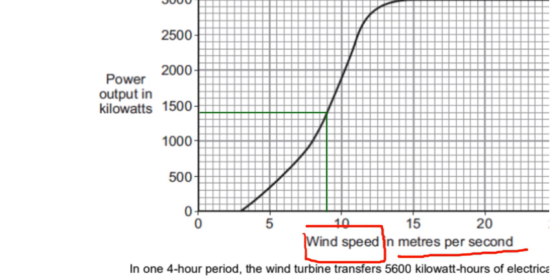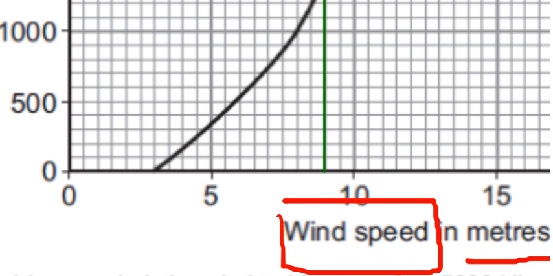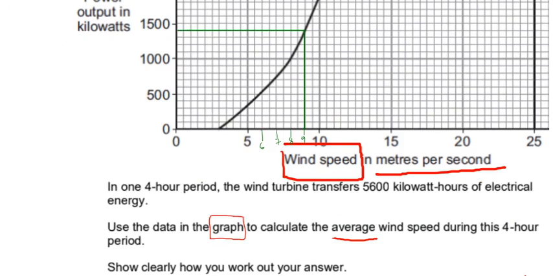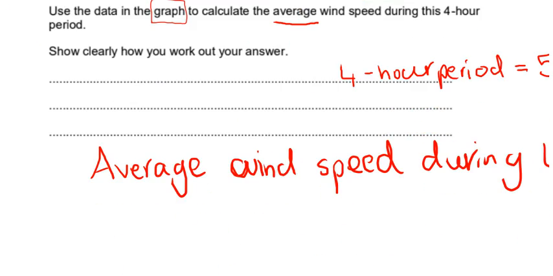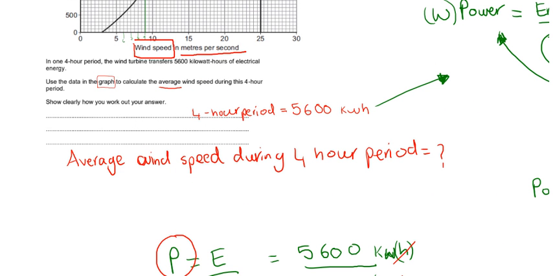We just need to work out what the units are. It looks like every 2 blocks is 1, so that's 6, 7, 8, and that will be 9. Checking the units, it's 9 meters per second. So the answer to the question is that the average wind speed over a 4-hour period was 9 meters per second.